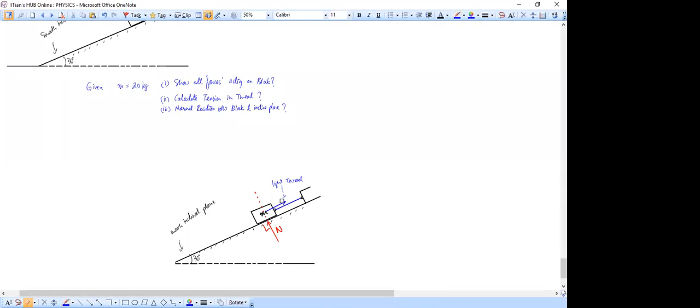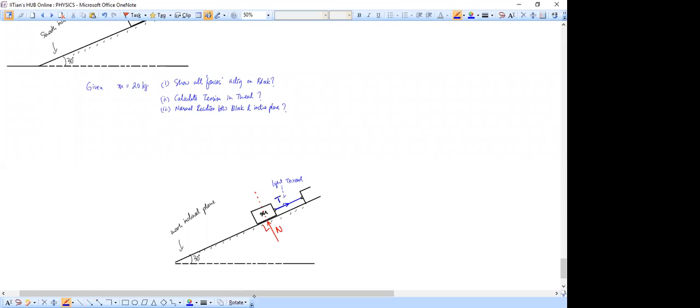So the tension that the thread applies is directly along the thread. So it's a force like this. Okay.